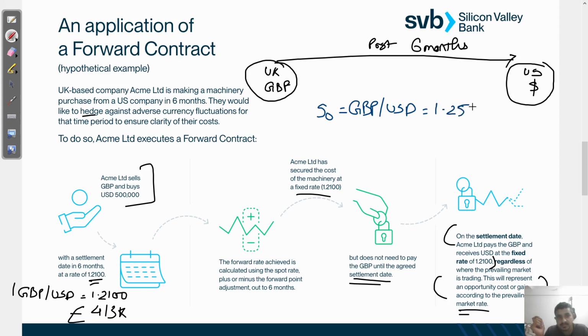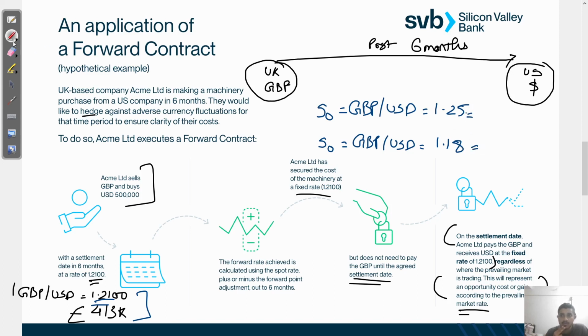Let's take two examples. 1.25, or the spot market for GBP USD is 1.18. So I have taken two examples, one above and one below what we have fixed in our forward contract, just to give you an idea.